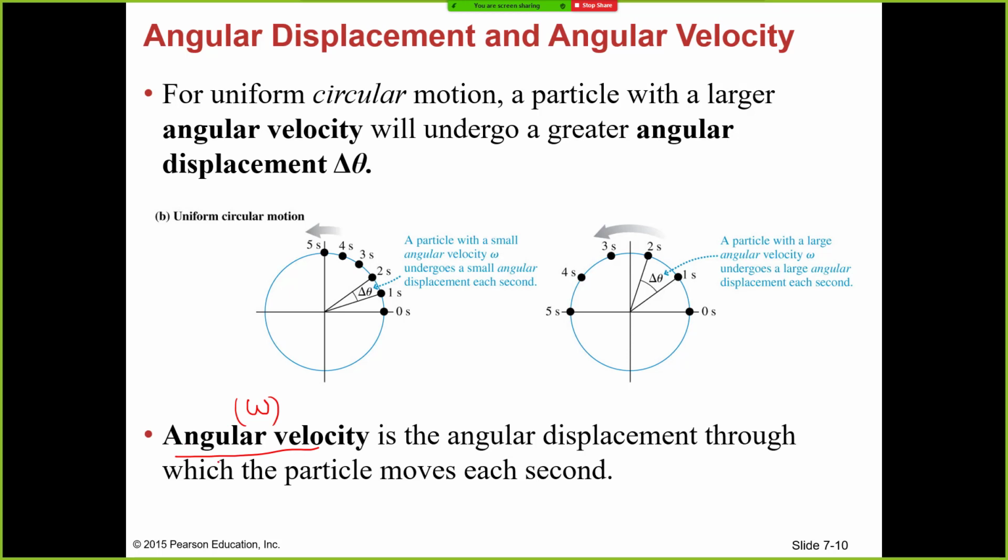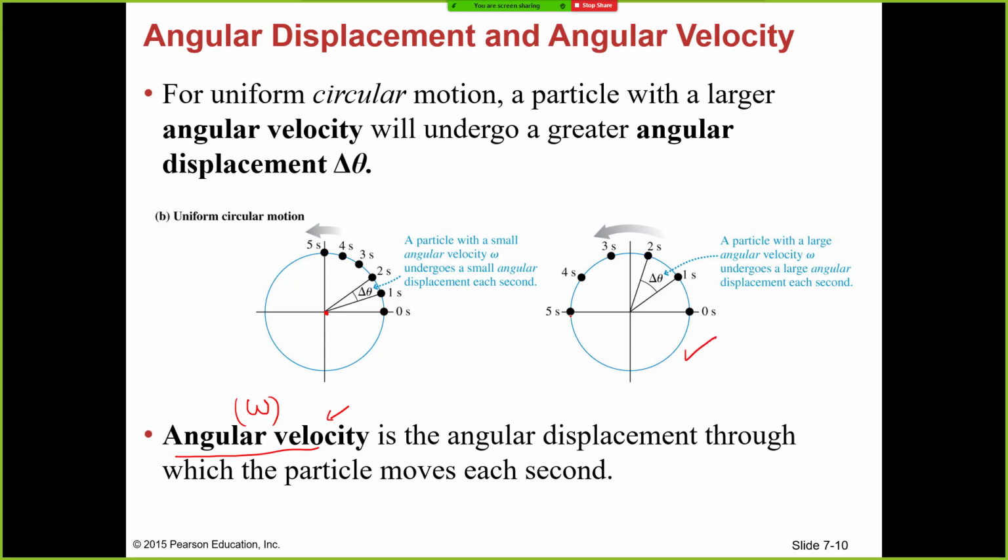So angular velocity tells us how fast this object is rotating about this fixed point. So if you look at these two pictures, which one has greater angular velocity? Which one is covering more distance or more displacement, more angle?